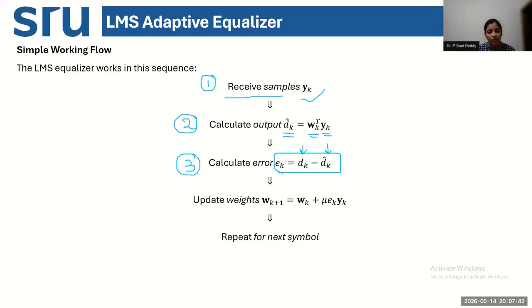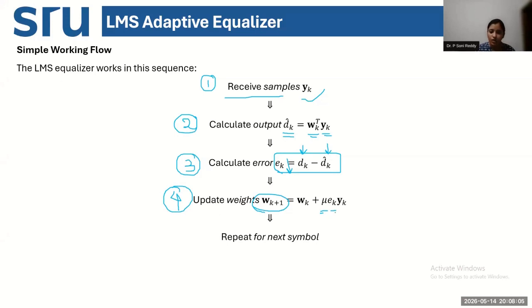Now it will try to minimize this error using an algorithm called the least mean square algorithm, and it will calibrate the coefficients. It will update the value of the coefficient using the value of step size. If the error is large, the step size will be large. If the error is small, the step size will be small.